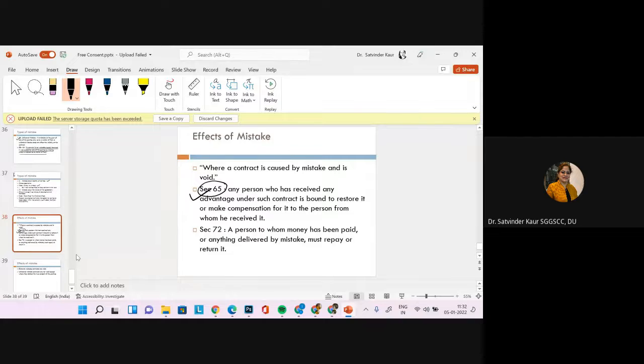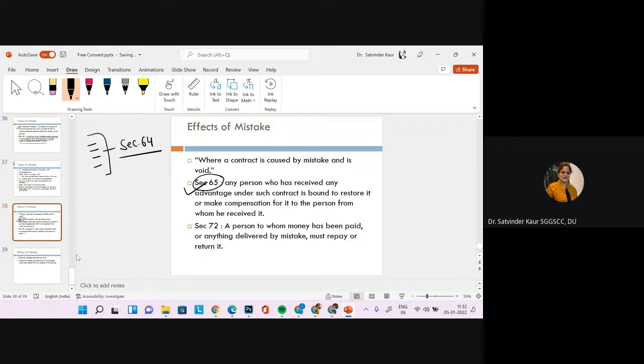Normally, if we talk about coercion, undue influence, fraud, misrepresentation, the doctrine of restitution is applied under section 64 in voidable contracts. But in case of a void agreement, section 65 says that no one is allowed to enrich himself at the expense of the other.